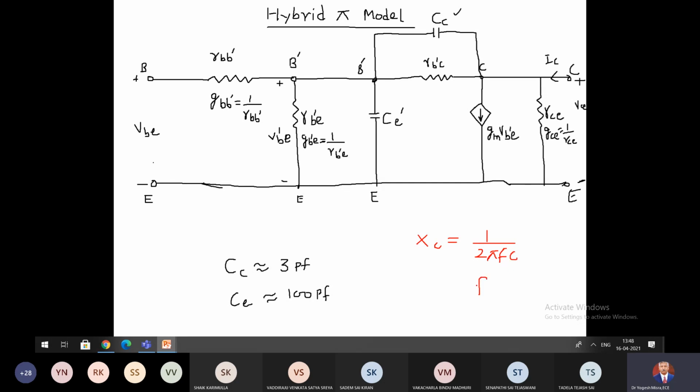So if frequency is small, then capacitive reactance is big, right? So in that case these capacitances will act as open circuit, so you can neglect these capacitances at a low frequency.